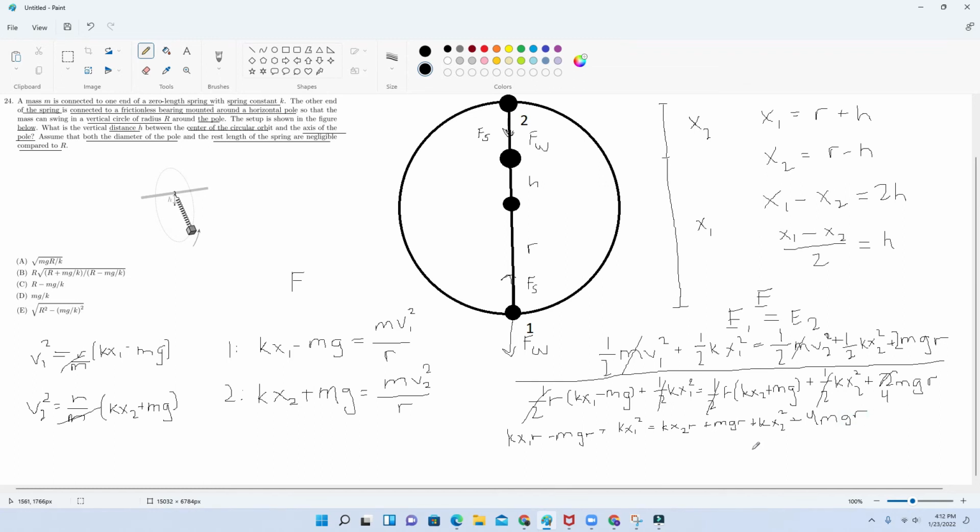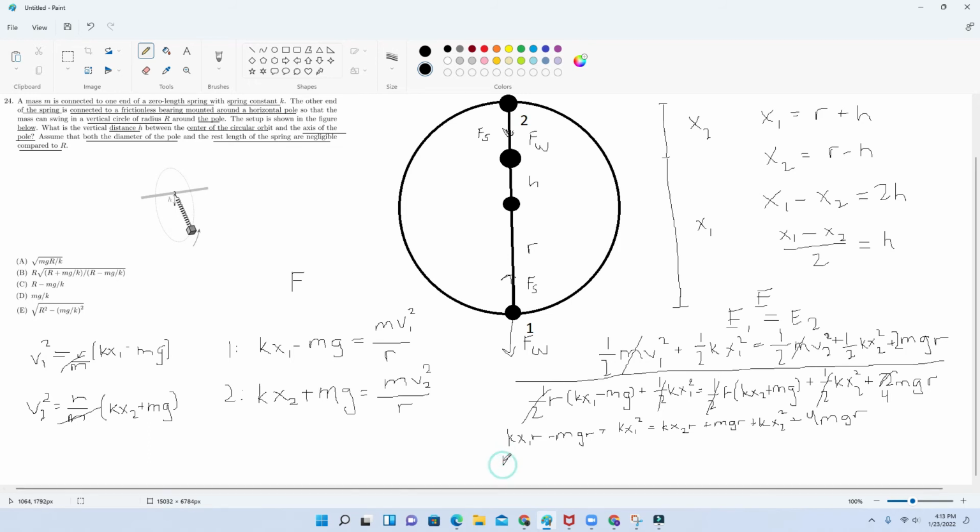So we see that we really only have 3 types of terms. We have kx1 terms, we have mgr terms, and we have kx2 terms. So since we're trying to search for an answer in terms of x1 minus x2, we should group up the x1s and x2s and leave the mgrs on the other side. We can do that by bringing all the mgrs to the right side and then taking all the kx1s and kx2s to the left side.